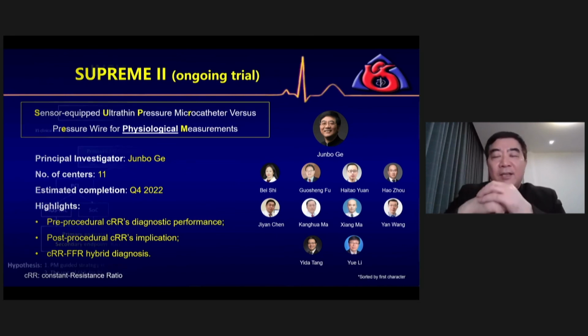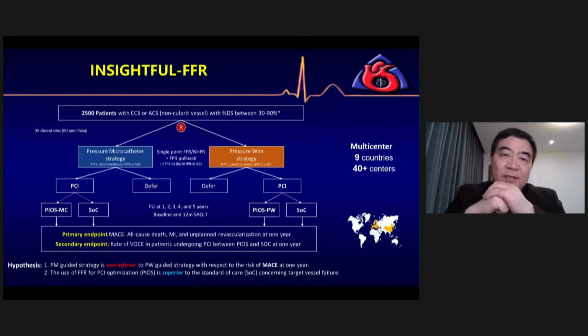In addition, we are now joining the international trial conducted by Dr. Barboto. We try to enroll more patients to see the significance of the pressure microcatheter and the pressure wire, what the difference is, and we try to push intracoronary physiology forward in China, because we have annually more than 1 million PCIs.